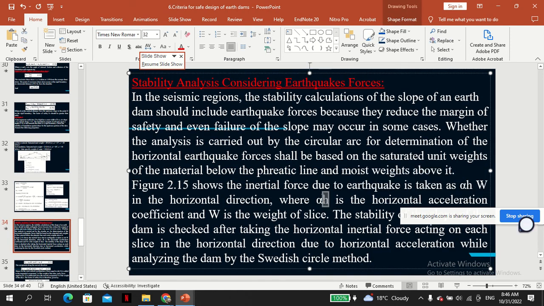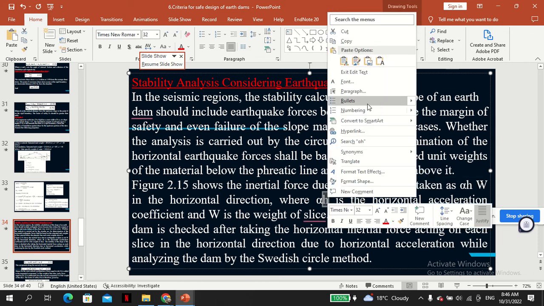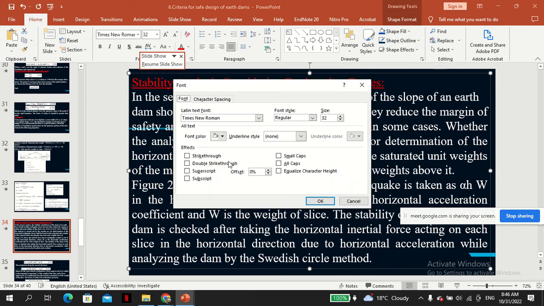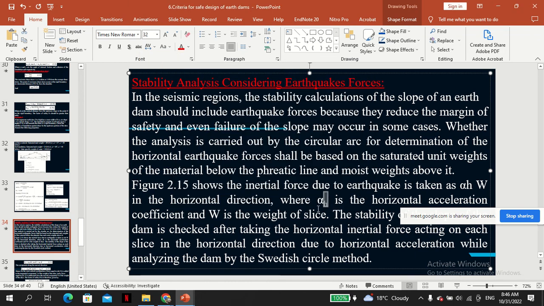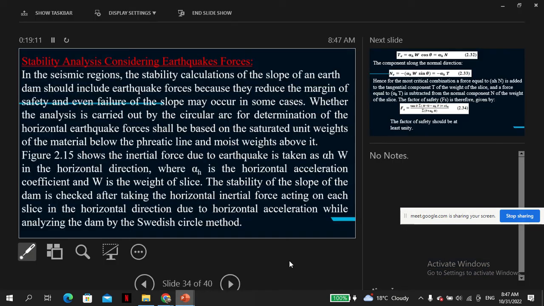Now some of you might think this is difficult, but it's not at all. In fact, you already know what you should know. It's only that the earthquake is going to induce some additional stresses or forces. So for example, you already know how to calculate the horizontal or vertical forces.